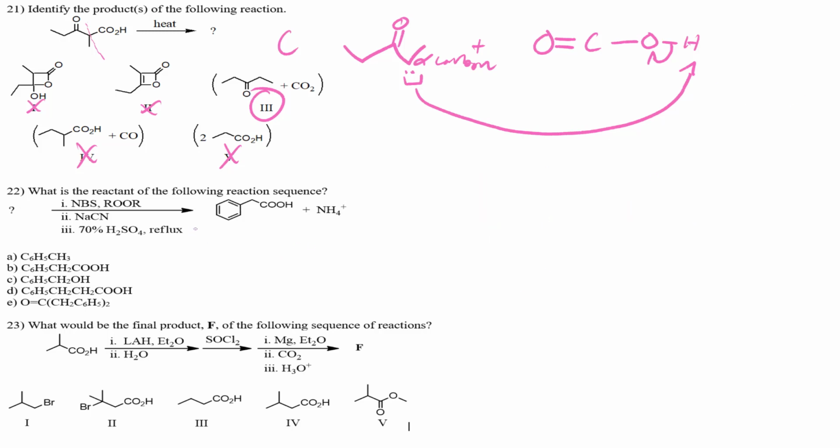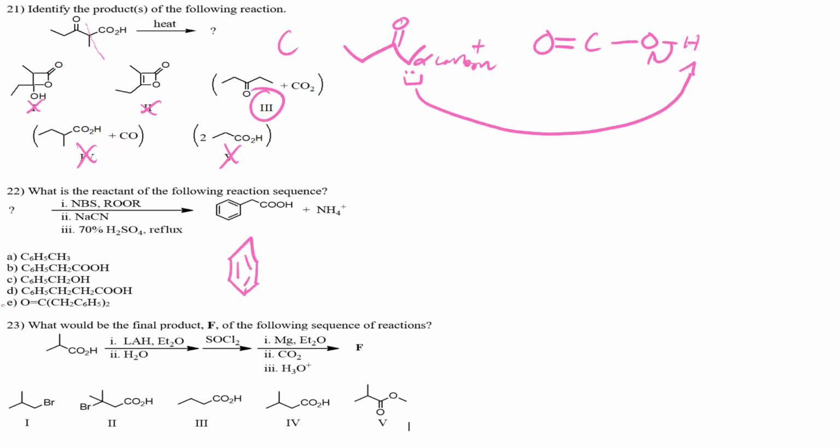Alright, for number 22, what is a reactant of the following reaction sequence? So, of our answer choices, which one will react with NBS and sodium cyanide to give us a carboxylic acid? Okay, well, let's see. They all have something in common, almost all of them. So, we have a benzene ring, C6H5.